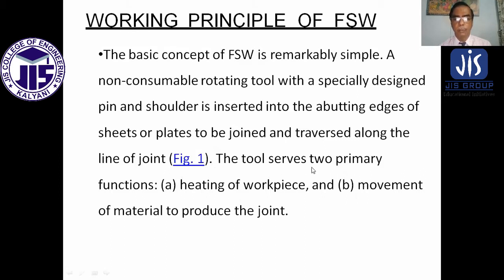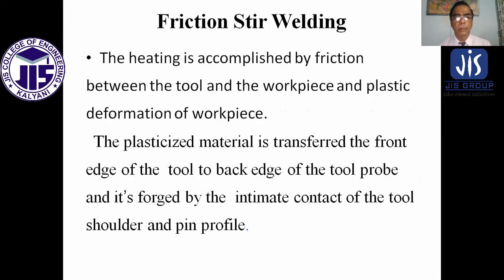The tool serves two primary functions: heating of the workpiece, and movement of the material to produce the joint. The heating is accomplished by friction between the tool and the workpiece and plastic deformation of the workpiece. Plasticized material is transferred from the front edge of the tool to the back edge of the tool probe, and it is forged by the intimate contact of the tool shoulder and pin profile.